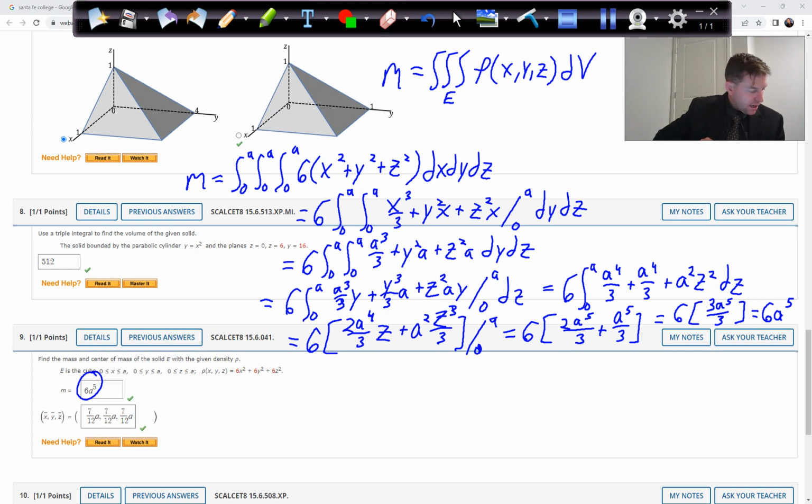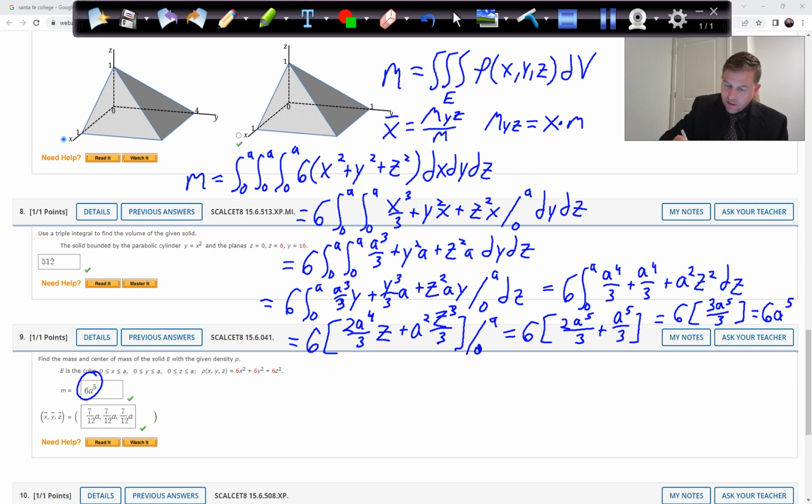Okay, so how do we find that? Let me give us the formula for that. So the x bar of the centroid is equal to the moment in the yz divided by the mass, where the moment in the yz is equal to the variable x times the mass function.